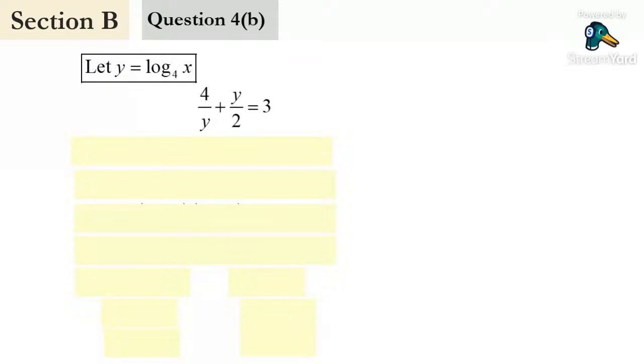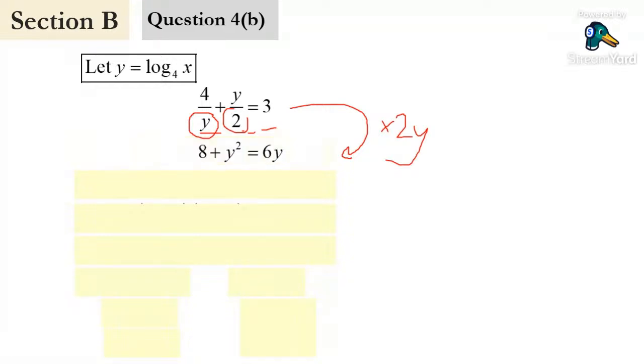So guys and girls, the next line here, watch out. In my solution there, I'm multiplying 2 and y on each of the terms so that I can get rid of the fractions with denominators of y and 2.